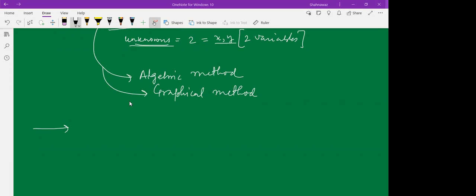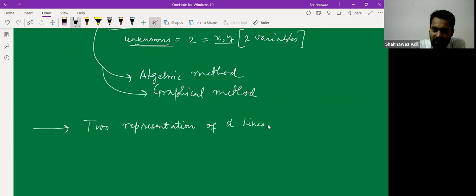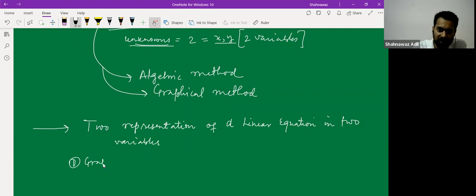Yes, so Rizwan, I was talking about two representations of a linear equation in two variables, right? So one was what? One was the graphical representation, right?